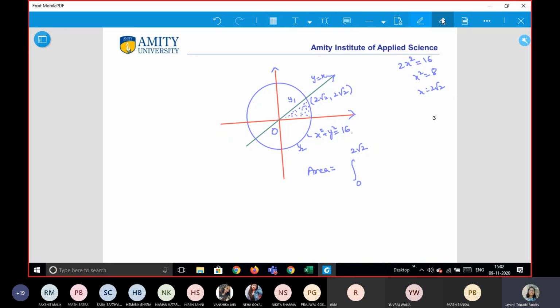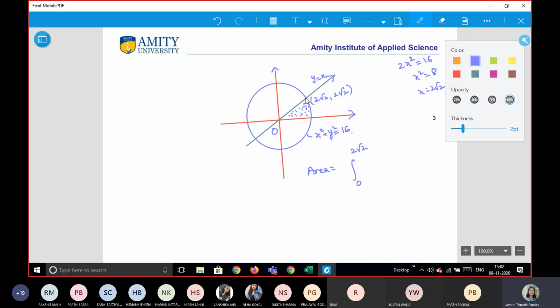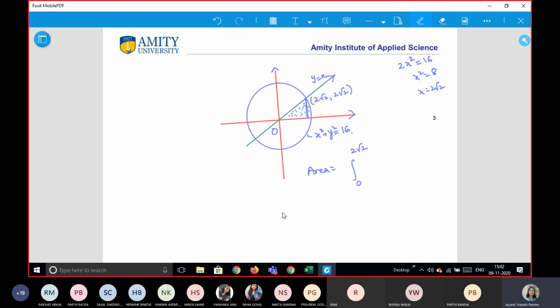Let me make it clear. See what is happening? This is the situation, right? One part is area under this line and the second part is area under this circle. Is this okay or not?